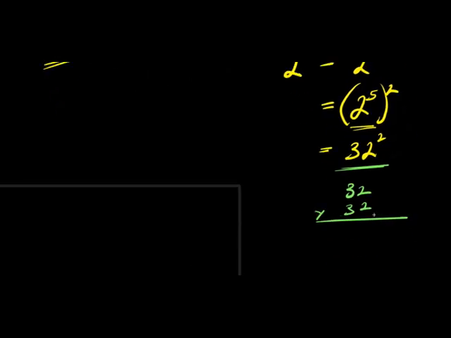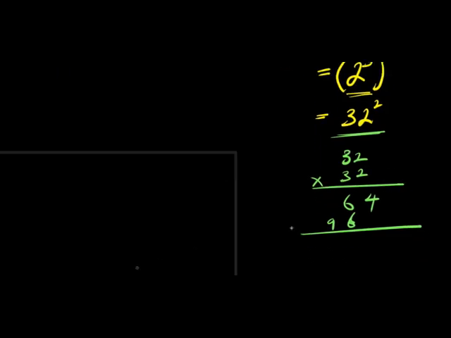We multiply out 2 times 2, 4, 2 times 3, 6, 3 times 2, 6, 3 times 3, 9. We are going to add this together. This 4, 12, carry over 1, here 10. 1024.